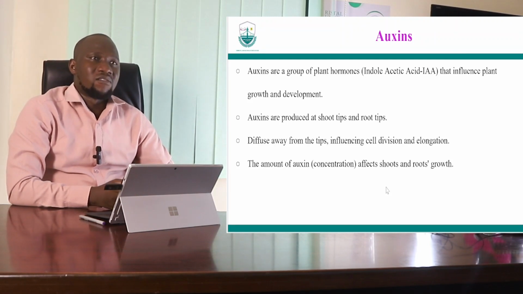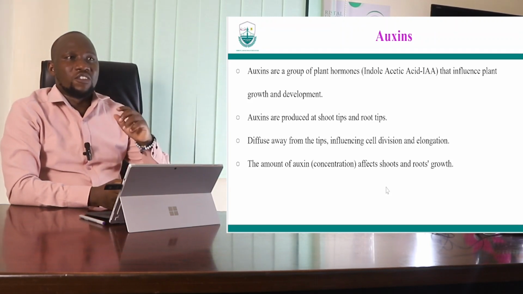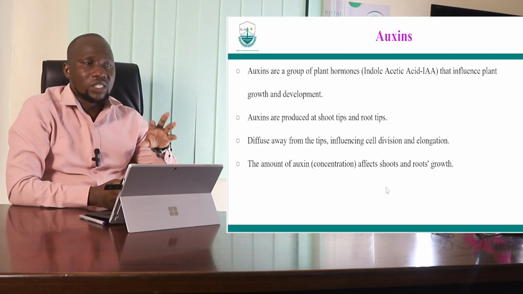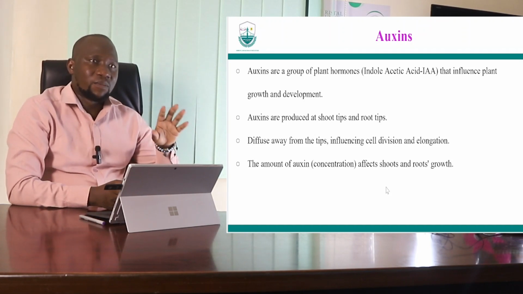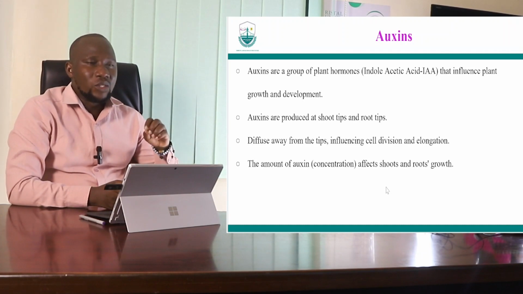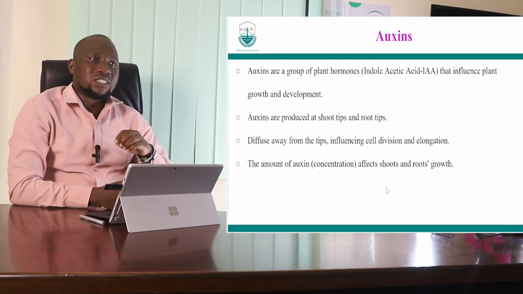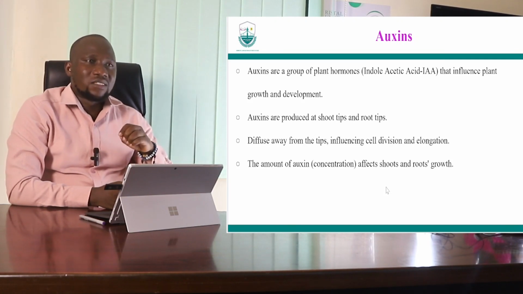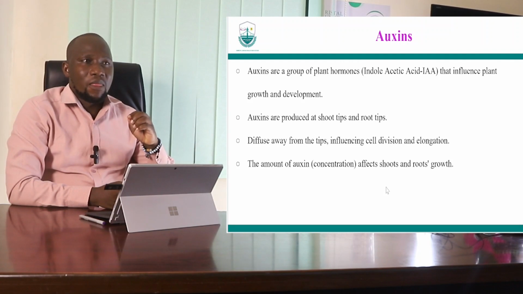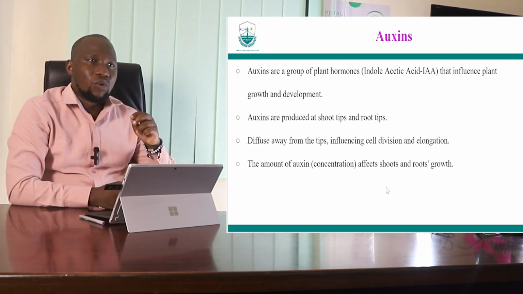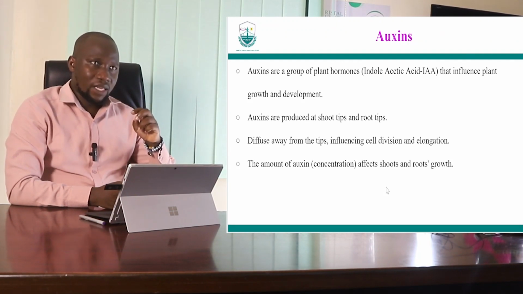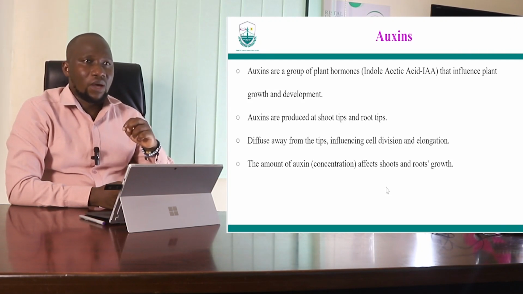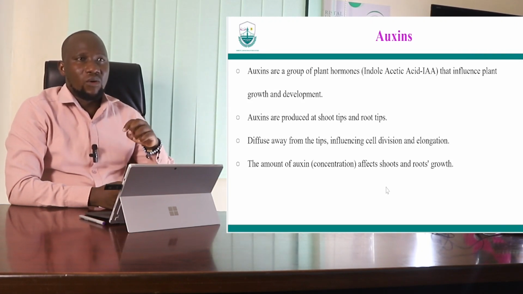All these trophisms that we looked at can be explained in terms of the distribution of auxins, and these auxins are plant hormones. They influence growth, particularly promoting cell elongation.